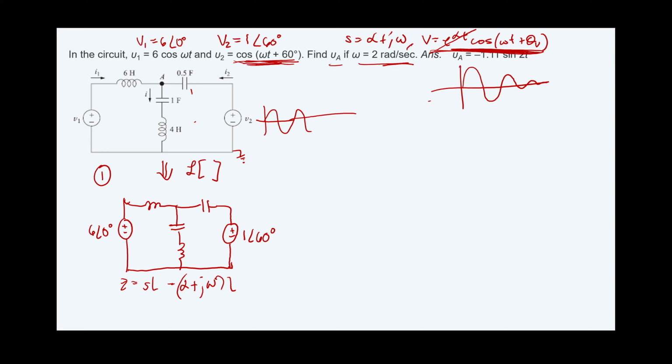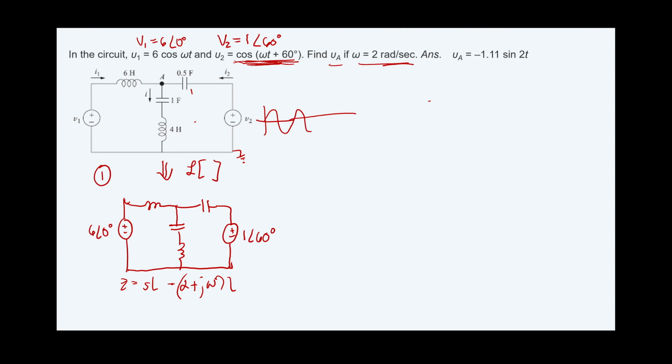So for DC, we remove this one, and also this one. So the alpha and the omega are equal to 0 in that sense. Therefore the value here is only the magnitude, which is equal to 1 for DC. For DC, you have a straight line at 1 volt. So that's very simple. I hope you get that point.